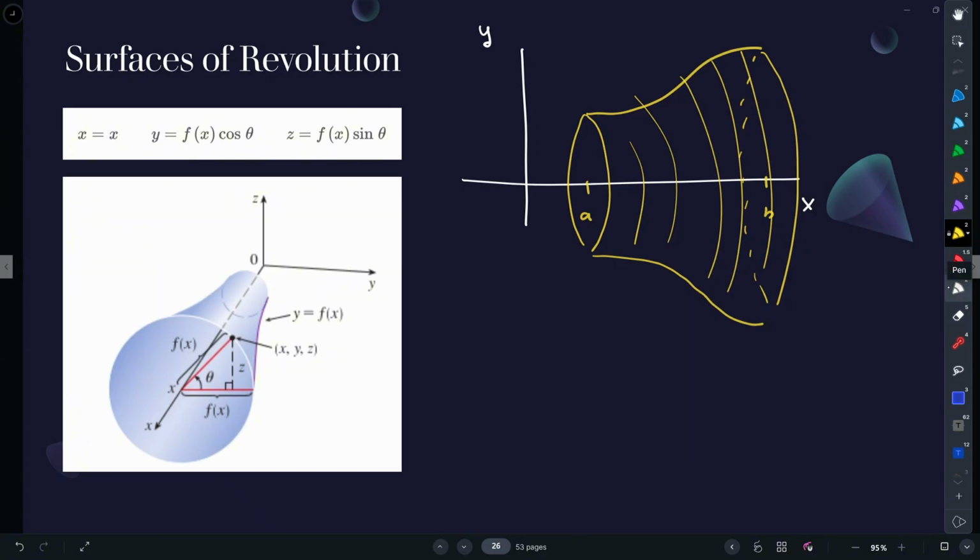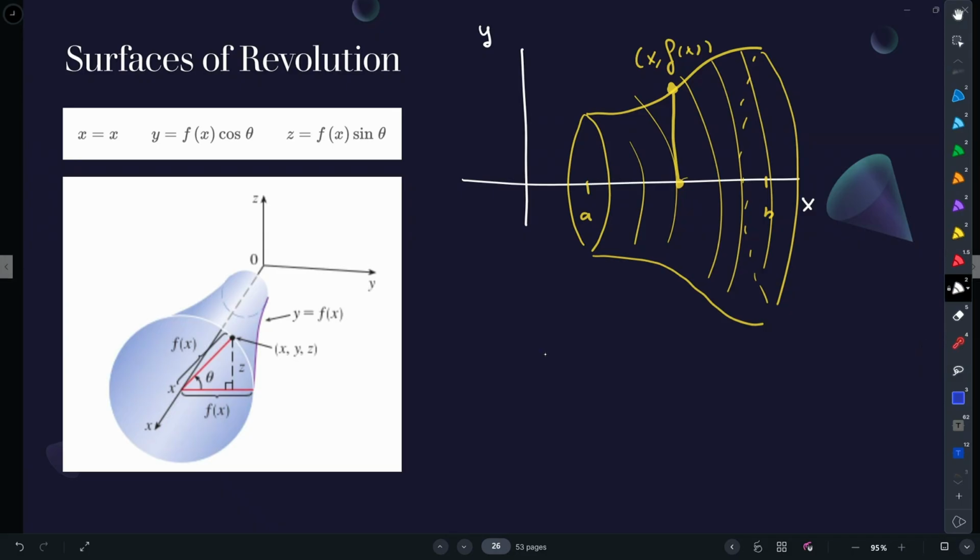Okay, so I want to be able to parametrize these objects, and what are the coordinates of these things? Well, in the xy plane, it's clear that the coordinates here are x, f of x, but then I want to rotate that in the yz plane. To rotate, what I'm doing is a circle in the yz plane of radius f of x.